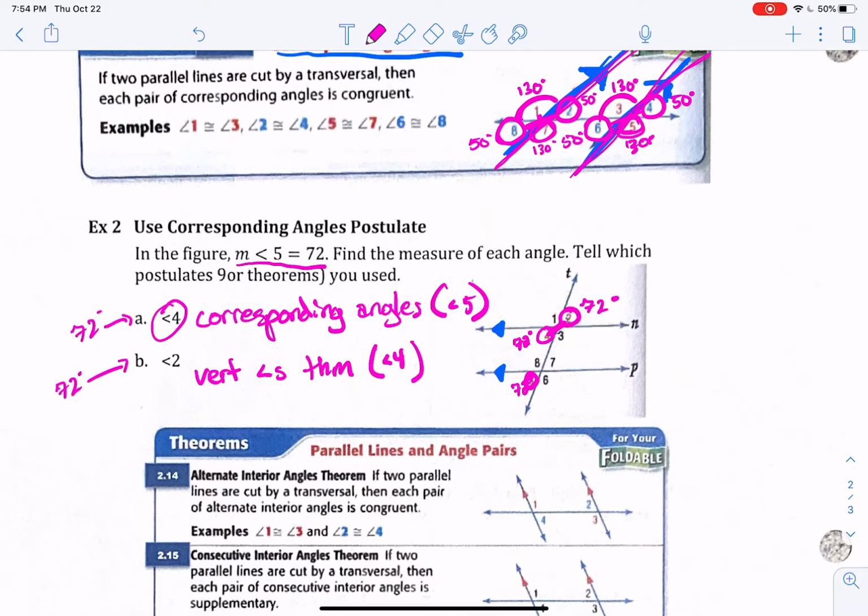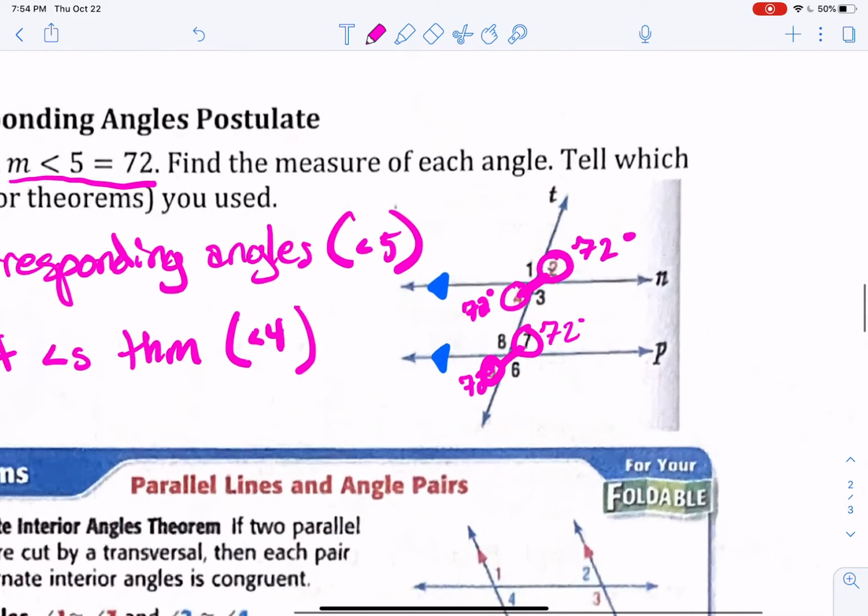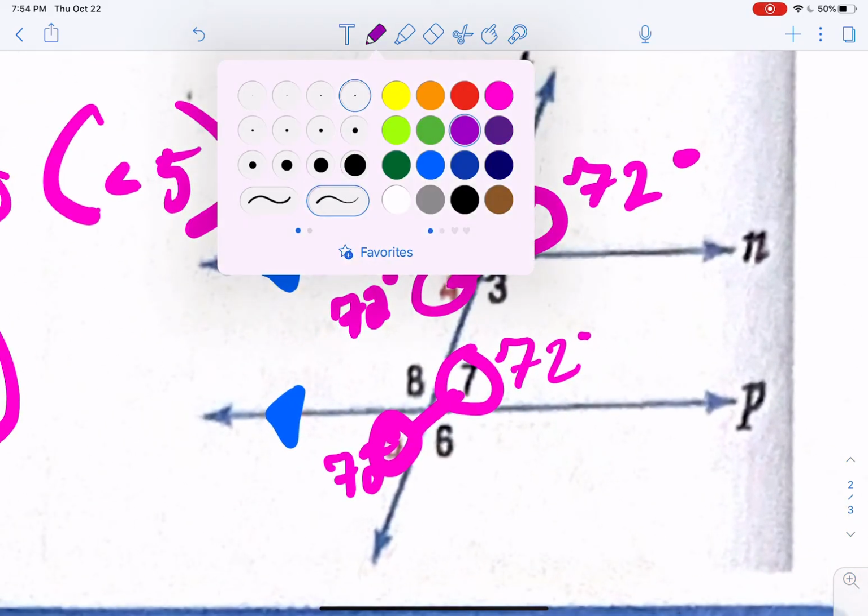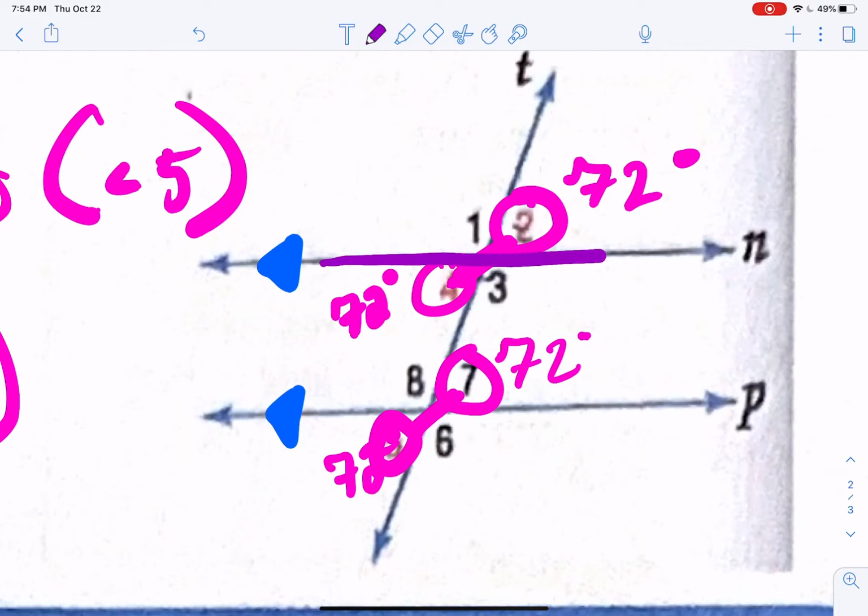Now we could go around and say angle 7 has to be 72 as well, because it's across from angle 5. And that would mean that each one of these other spots here, if I look at this being a straight line, 72 degrees is what this one is. But then this one has to be the remaining part, so that it makes up that straight line of 180, right?